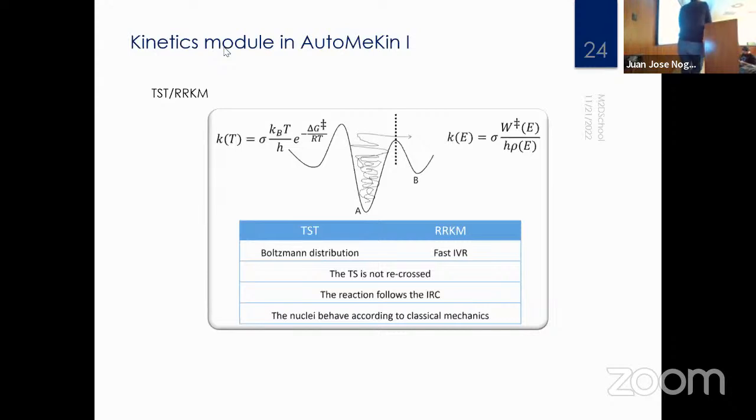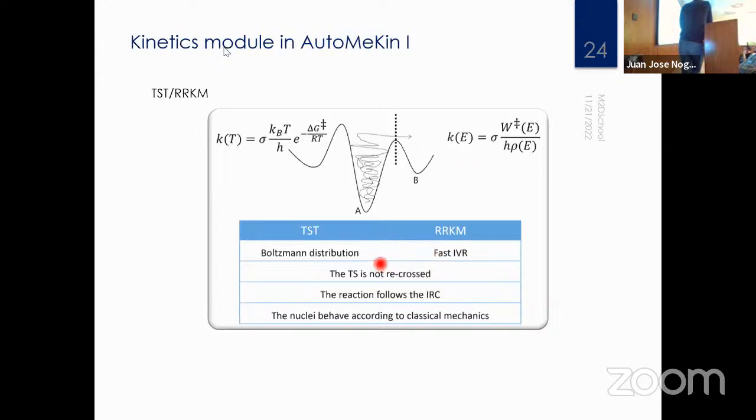So the idea is to use better theories for the rate coefficients. But so far, we have this simple formula for the case of TST, or if you're interested in microcanonical conditions, then you can use RRKM theory. This is the sum of states of the transition state. This is again Planck's constant, and this is the density of states of the reactant. You can use this one or the other one depending on your interest.